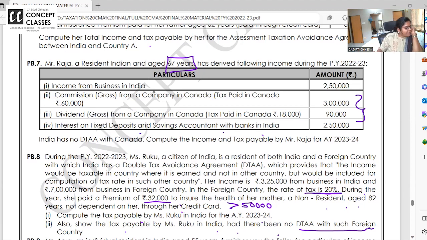Okay. So in FD and saving account, how much income you have in India? 2,50,000. So two incomes in India and two incomes in the foreign country.